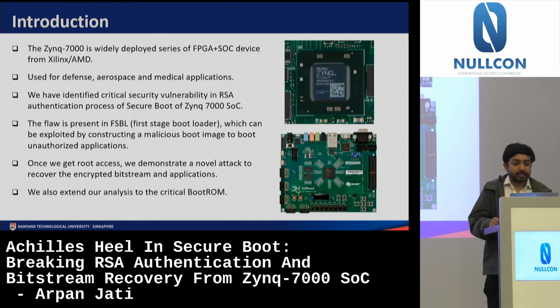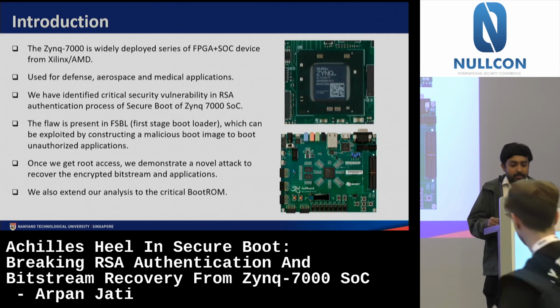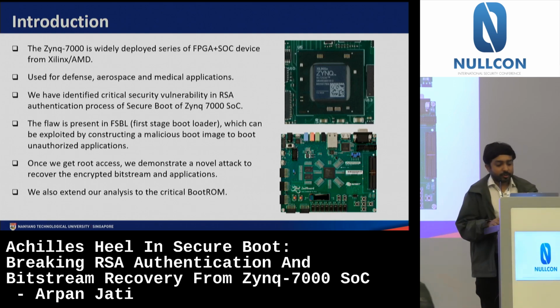Zynq-7000 is a very widely deployed series of FPGAs from Xilinx, with many use cases in defense, aerospace, and medical applications. We have found vulnerabilities in the RSA authentication process of the secure boot in Zynq.